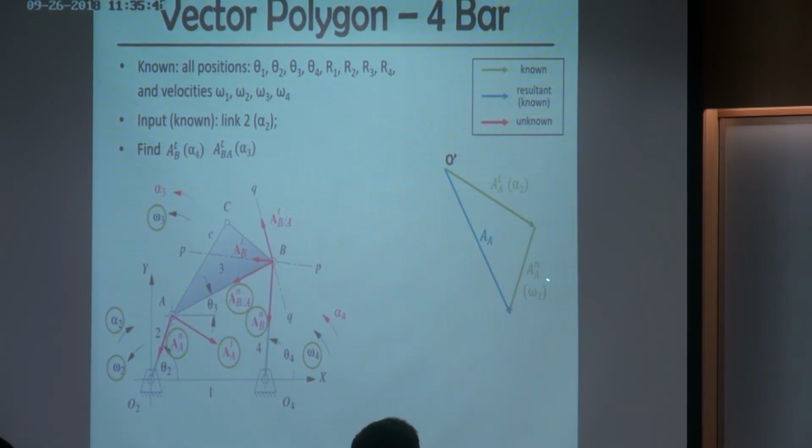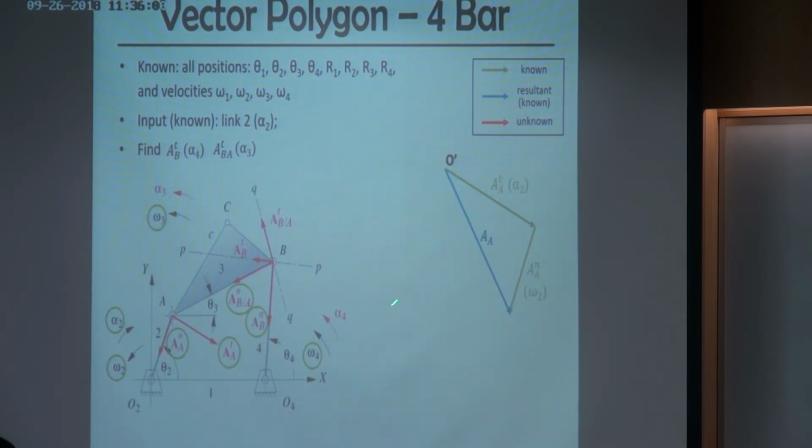You can either draw this one first or this one first. It doesn't matter because they will eventually have the same result. So here we can obtain this AA by those nodes.